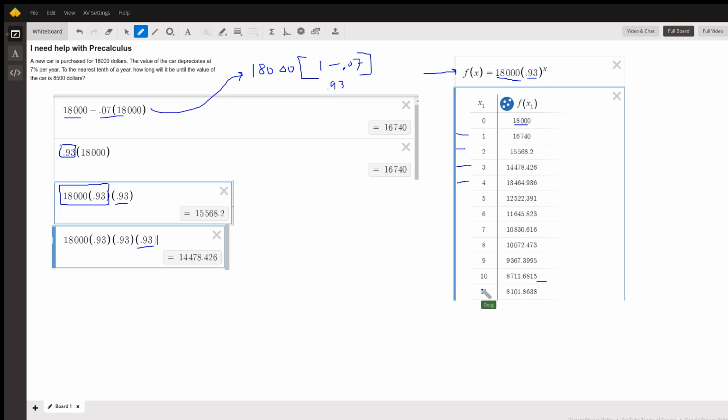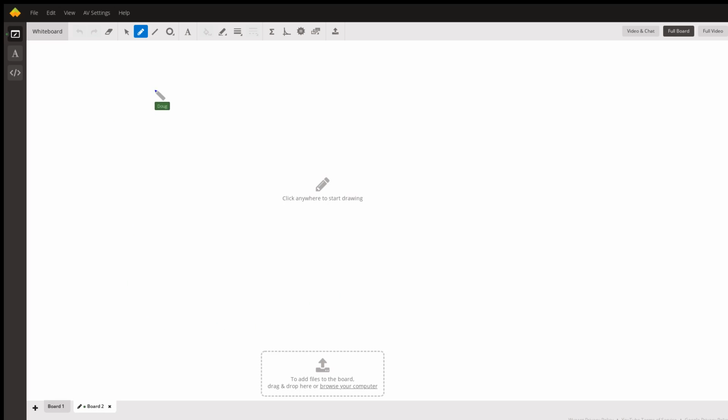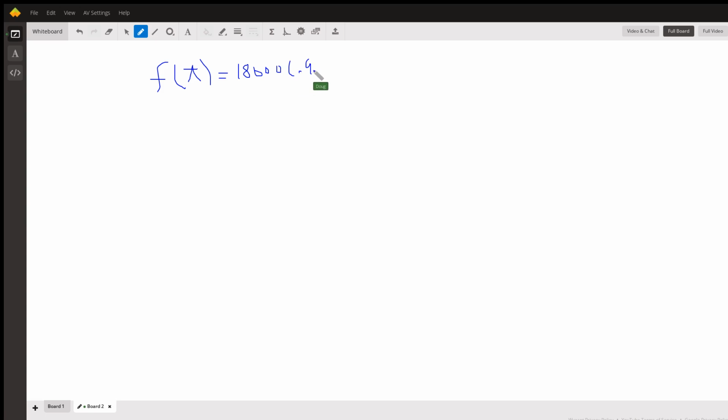Question is, how do you figure out the value for x using a calculator? So we'll go to board 2. Here's the exponential decay function, and I'll use f of t, 18,000 times 0.93 to the t power.